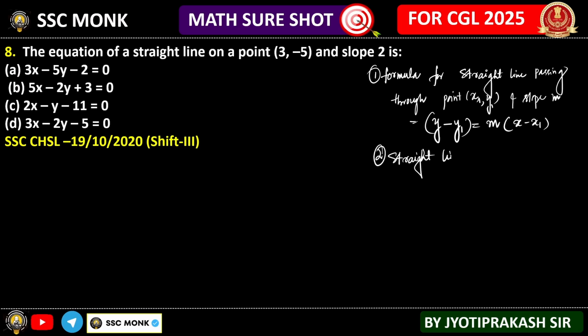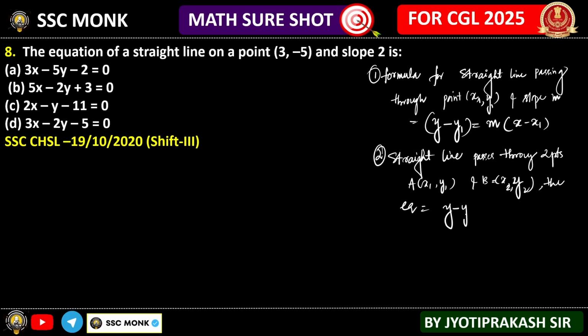If a straight line passes through 2 points, A, x1, y1 and B, x2, y2, then the equation is y minus y1 is equal to m, where m is equal to what? y2 minus y1 divided by x2 minus x1, into x minus x1. Now what is the value of slope over here? If 2 points are given, it is y2 minus y1 divided by x2 minus x1. If you remember this, you can solve any question.